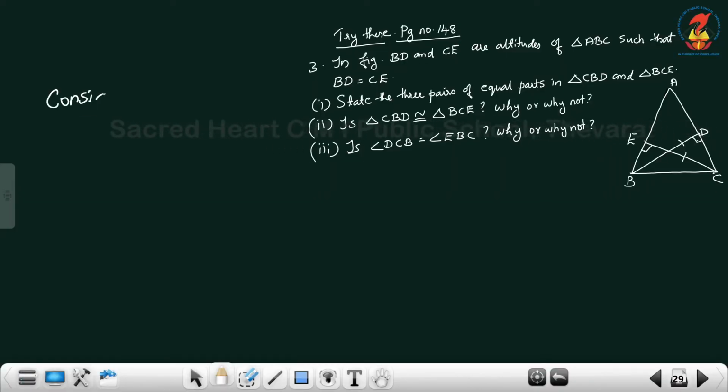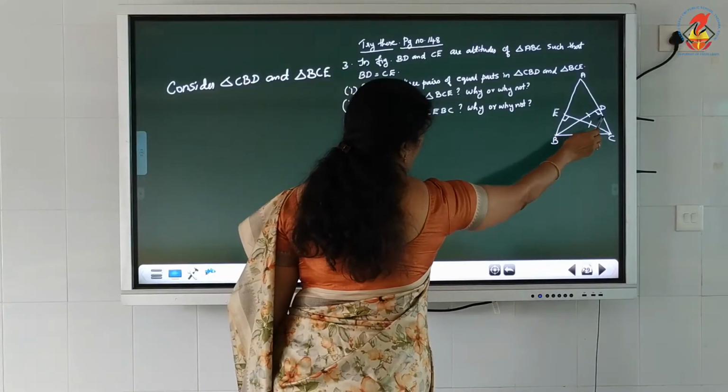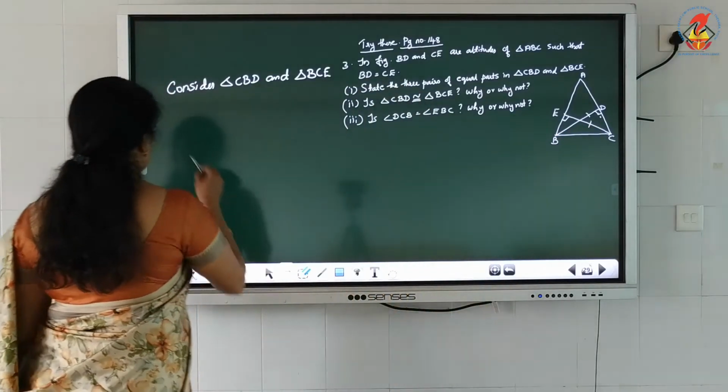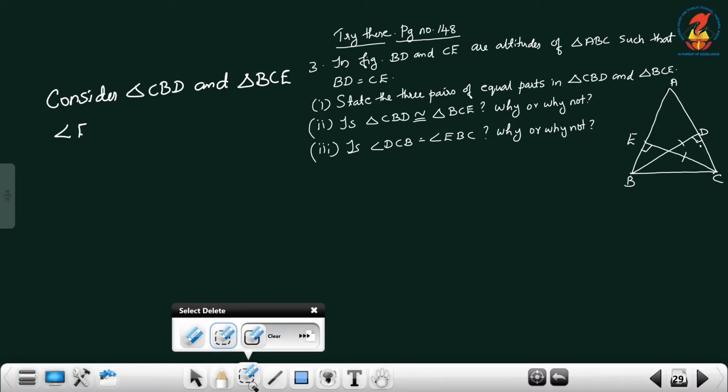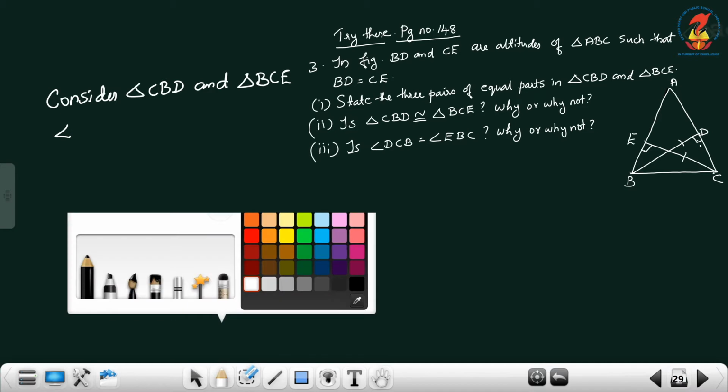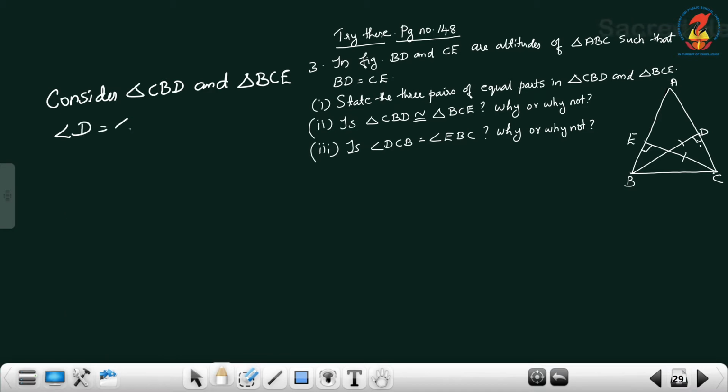Then next, consider triangle CBD and triangle BCE. Here these two, angle E and angle D are 90 degree. Angle D equal to angle E equal to 90 degree.